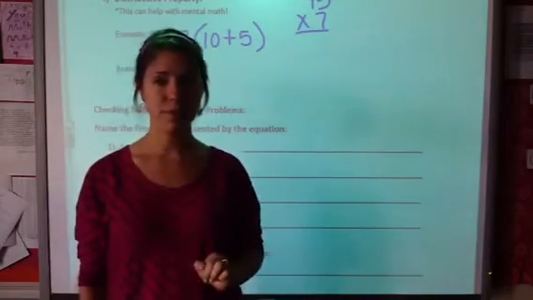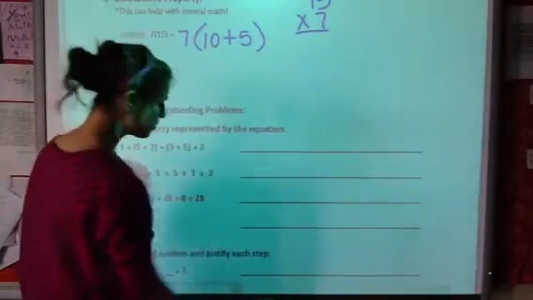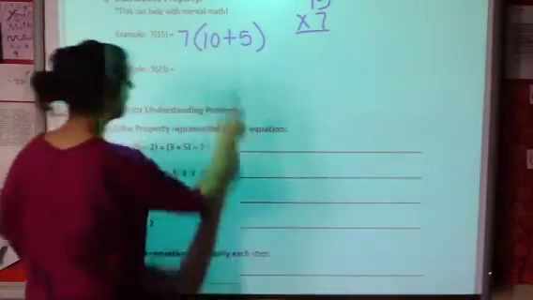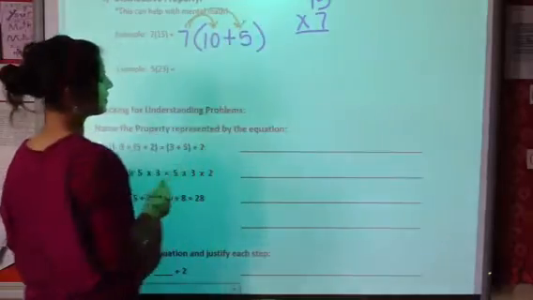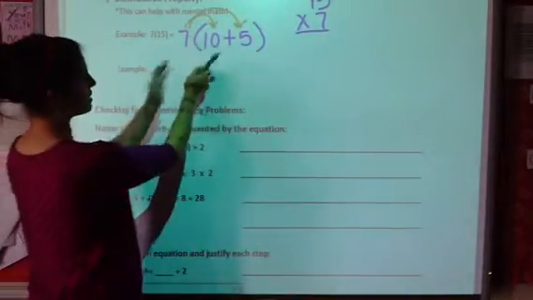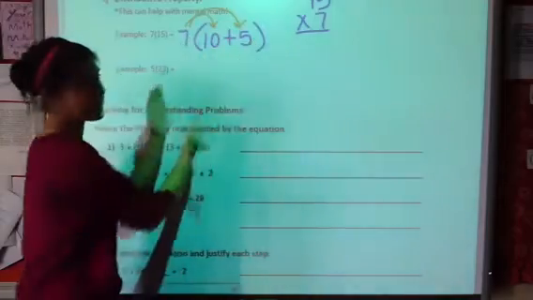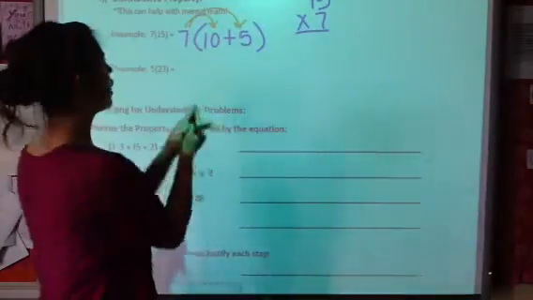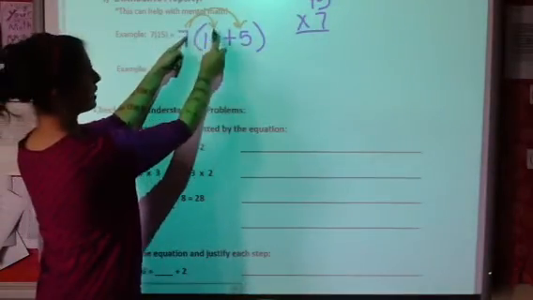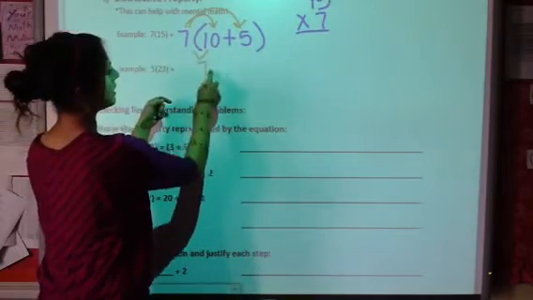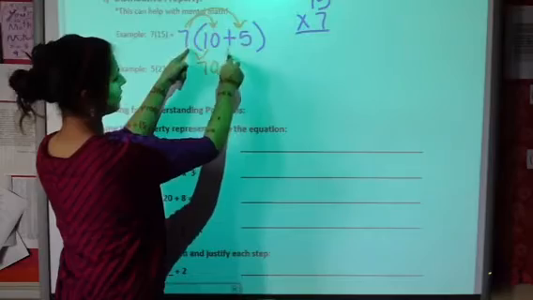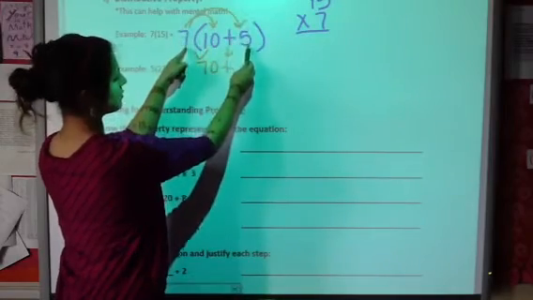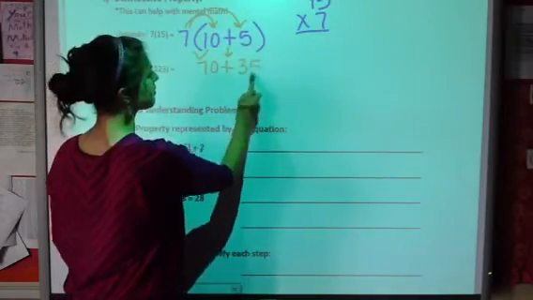But here's how the distributive property can help you. I'm going to take 7 and distribute it to each of the numbers within the parentheses. Notice if I have a number right next to parentheses, that means to multiply. So I multiply 7 times 10, which gives me 70. And I multiply 7 times 5, and I just bring down the sign, which is 35.